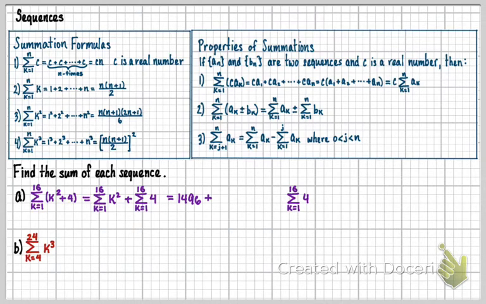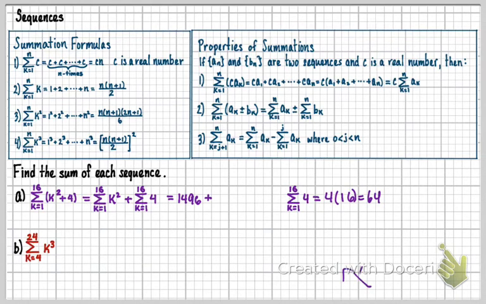And then it goes to n. So this is telling me I'm going to take c times n. That's what it's going to equal. So my c is the actual number here. That's the 4. So I'm going to write 4 times, and the n here is my 16. So 4 times 16, which is 64.